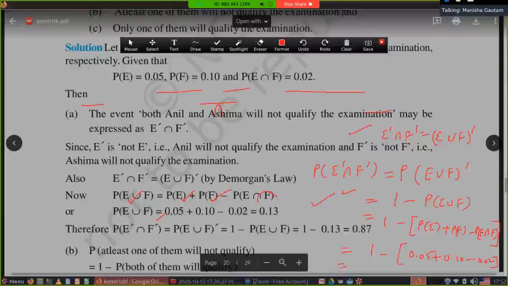When you calculate it, this is 1 minus 0.13, so you get 0.87. This is the probability that both Anil and Ashima will not qualify the examination.